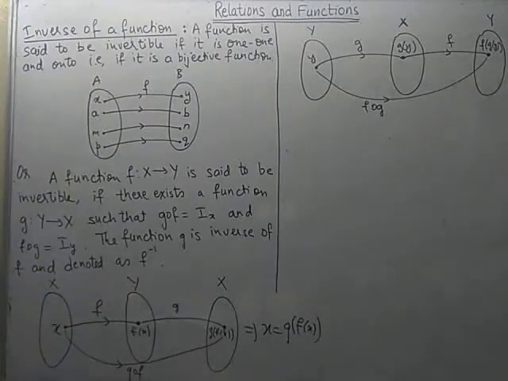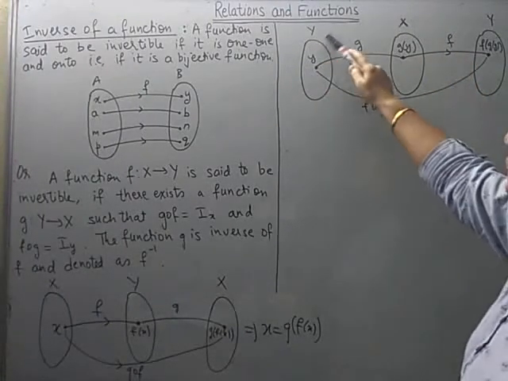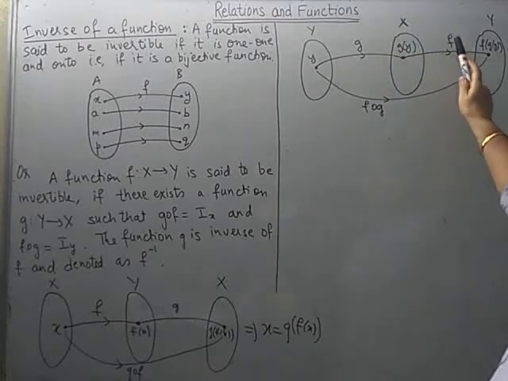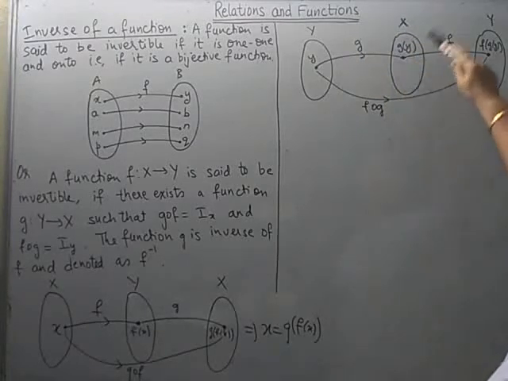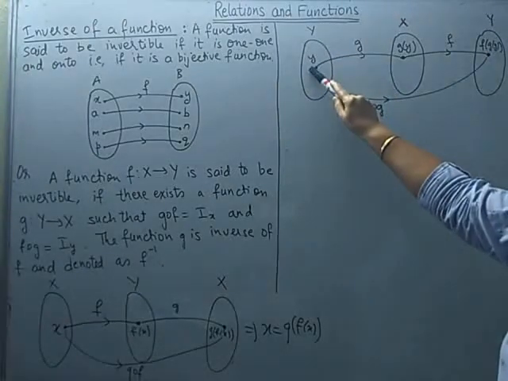So we can discuss another diagram from here. For composition of g and f, mapping will take place under function g first and then it will take place under f. So we have drawn g from set Y to set X. Then we have drawn f from set X to set Y. Suppose the elements of the domain of g are y.